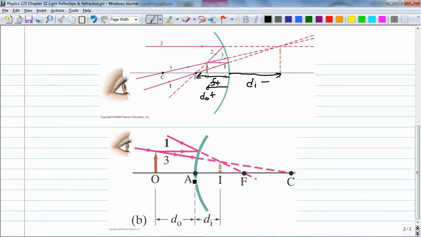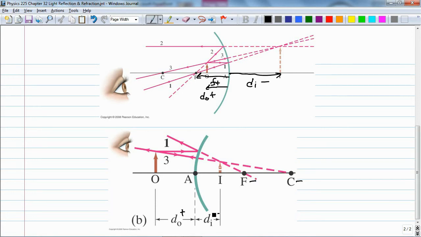Here for a convex mirror, notice that C is negative, the focal point is negative, the distance to the image is negative, but the object distance is positive because it's on the left-hand side of the mirror.